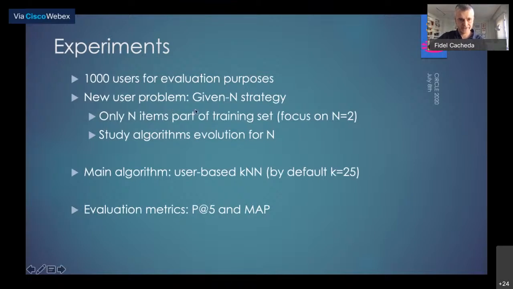We use the Given N strategy, and only N items are part of the training set, and we focus on users with very, very few ratings, especially N equal to 2, although we will see some graphs with different values for N. And we are using user-based KNN for the similarity, and we will measure our performance with precision at 5 and mean average precision.